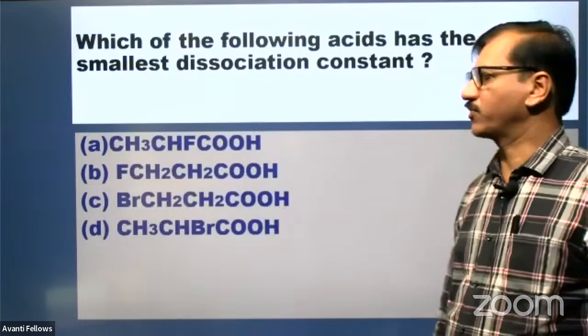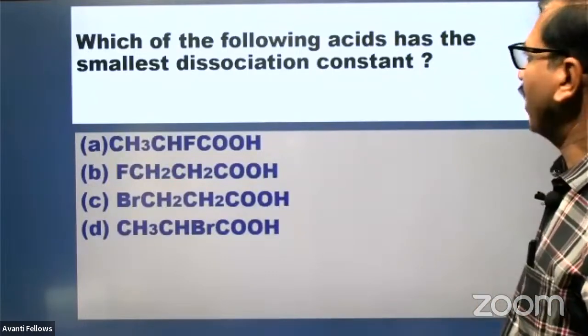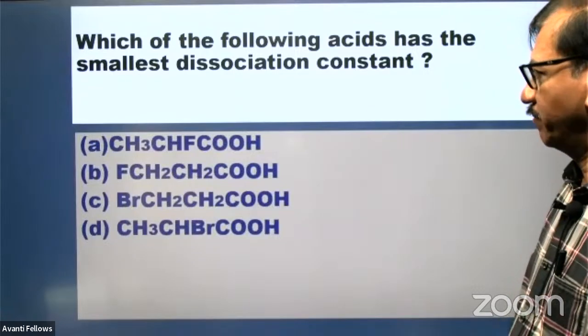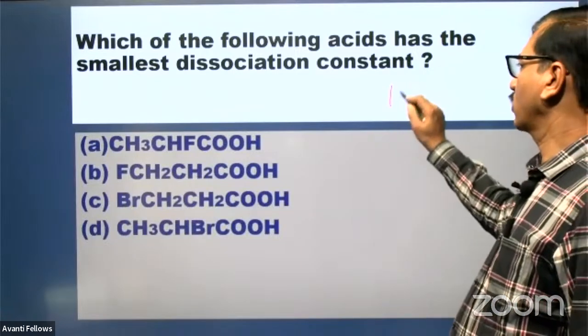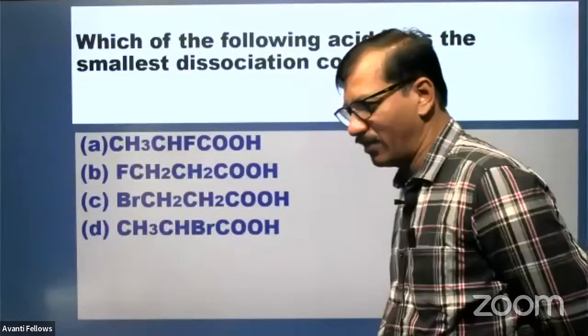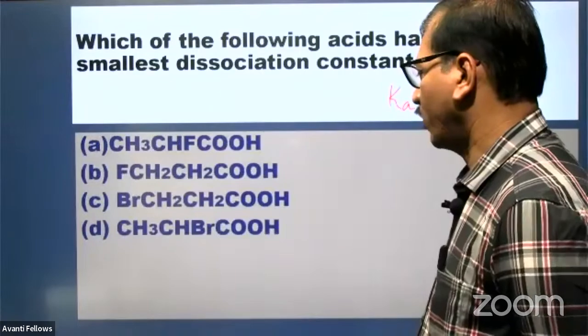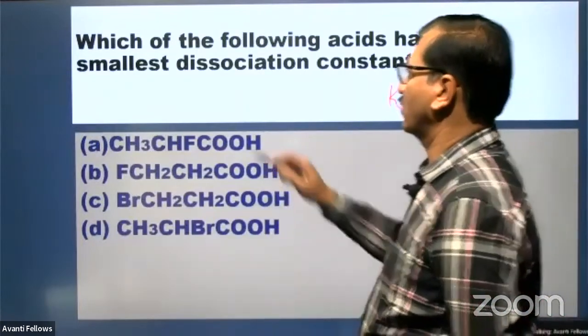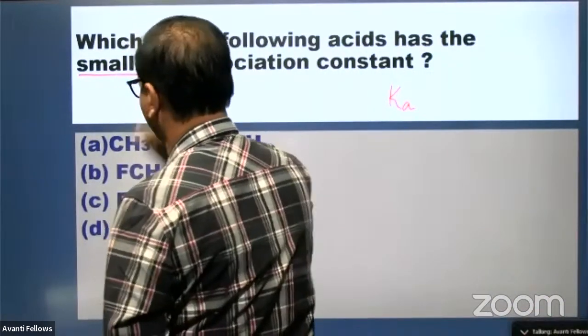Now coming to this. Which of the following acids has the smallest dissociation constant? Dissociation constant, that is Ka. Option C. Who is saying the answer? Option C, JNV Vizianagaram, sir. Okay, fantastic. This is based on smallest.